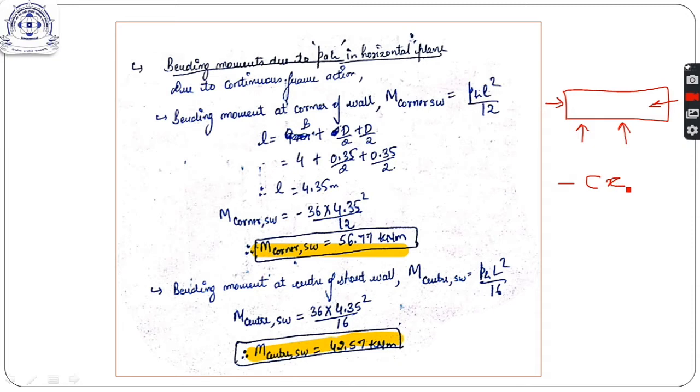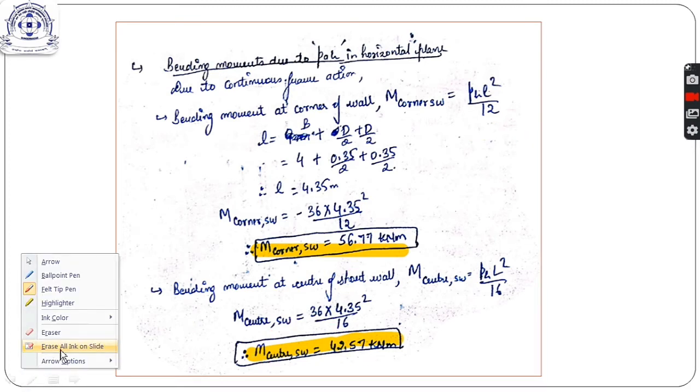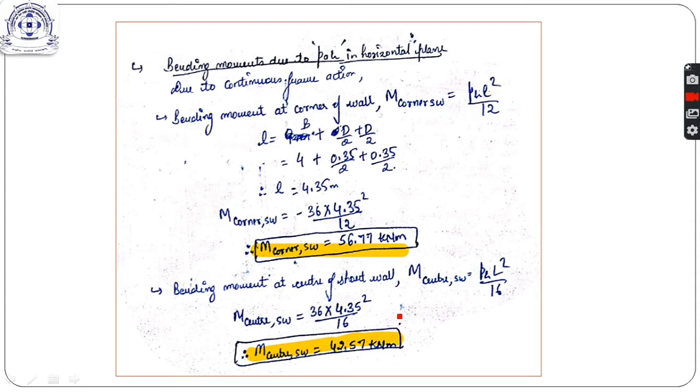I hope you are getting this point. In the previous cases, when L by B was less than 2, or when tension was acting, we were deducting it by minus t into x, but we are not doing it in the case of compressive force. So we can take these moments to be the design moments. There will be no further modification. So don't get confused about why we are not doing it here and why we were doing it in the previous case.